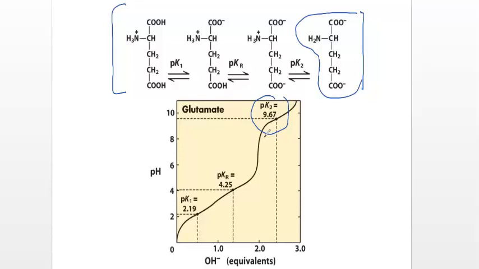At pK1 there will be neutral, pK1 पे न्यूट्रल है ना, while at pK2 there will be negative, not positive, है ना, negative.